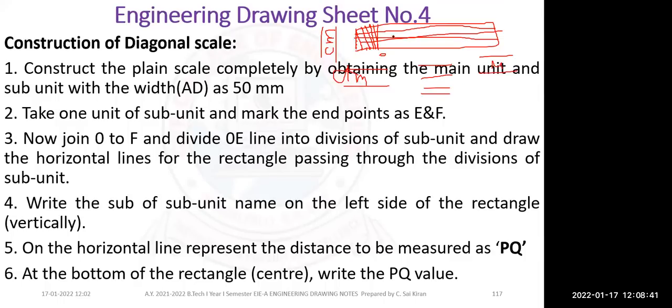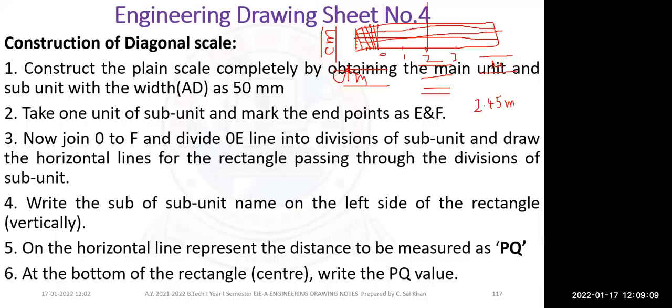Suppose if you want to measure any distance, how to measure the distance is, suppose I want to measure 2.45 meters. Example, if I want to measure 2.45 meters, in the plane scale you can measure only 2.4 meters. You can't measure 2.45 meters. So what we will do is, from here I will highlight 0 to 2.